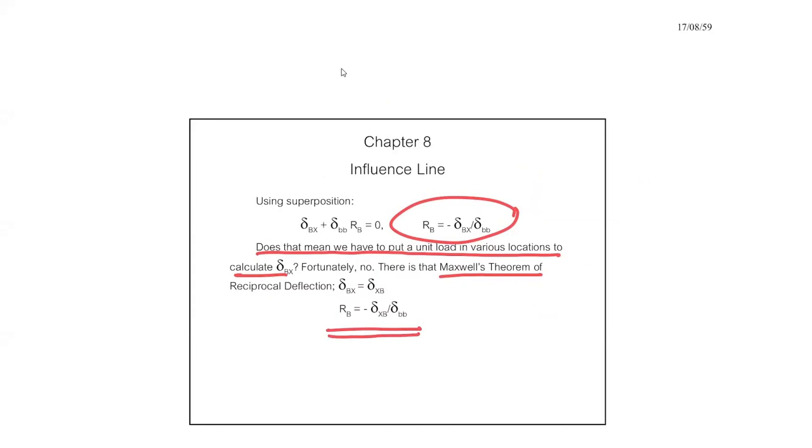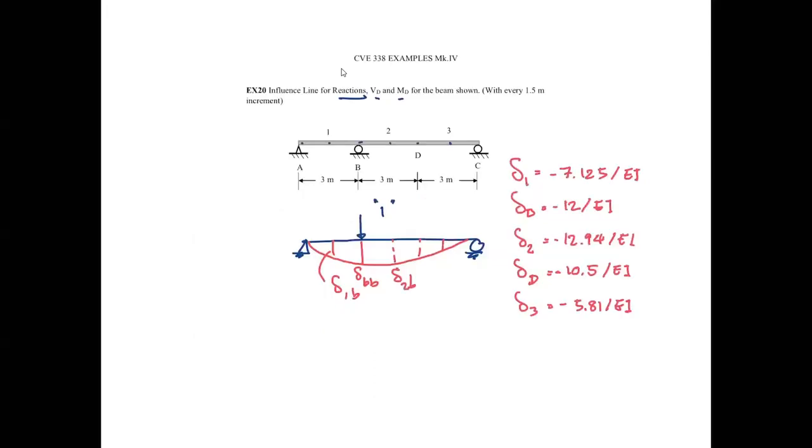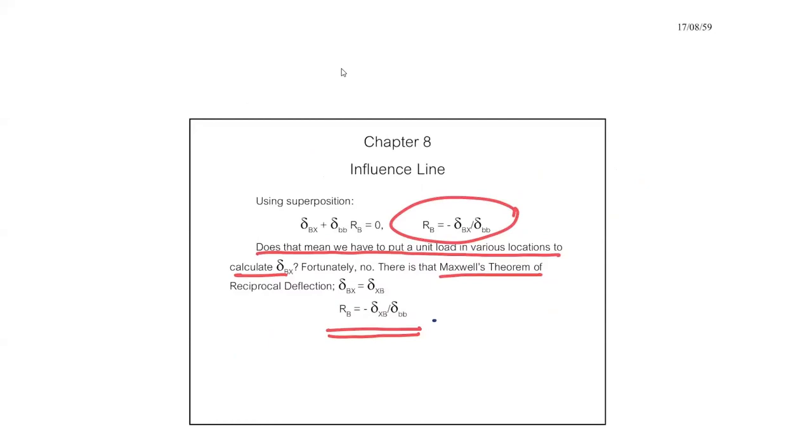Now the ratio of this. The thing I hate about this is that when you divide this, let's say delta, oh sorry, RB, when the unit load is at 1, it is going to be equal to, let's look at this formula, minus delta XB over delta BB.